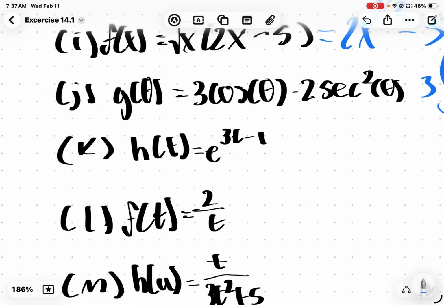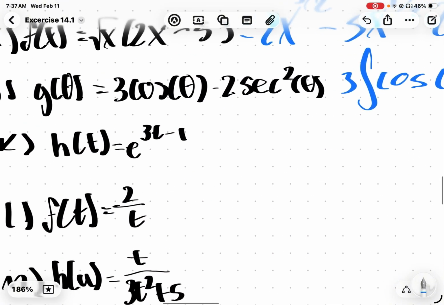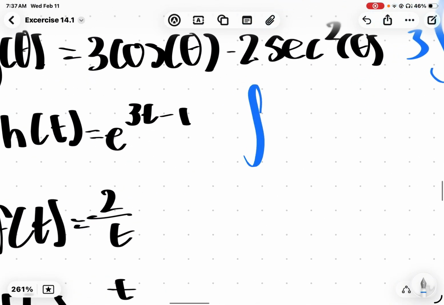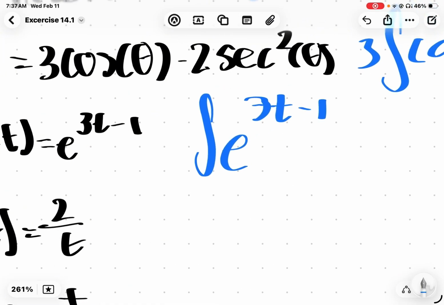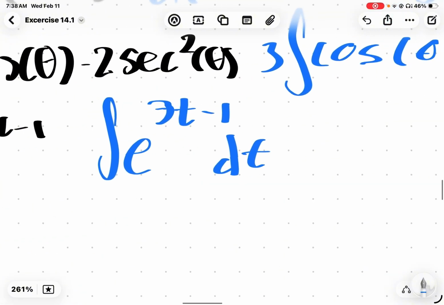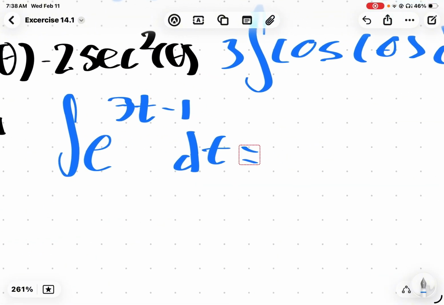Alright, so for k, we have h of t equals e to the power of 3t minus 1. For this, if we have to do the integral of e to the power of 3t minus 1 dt, you have to think that this is e to the power of x.